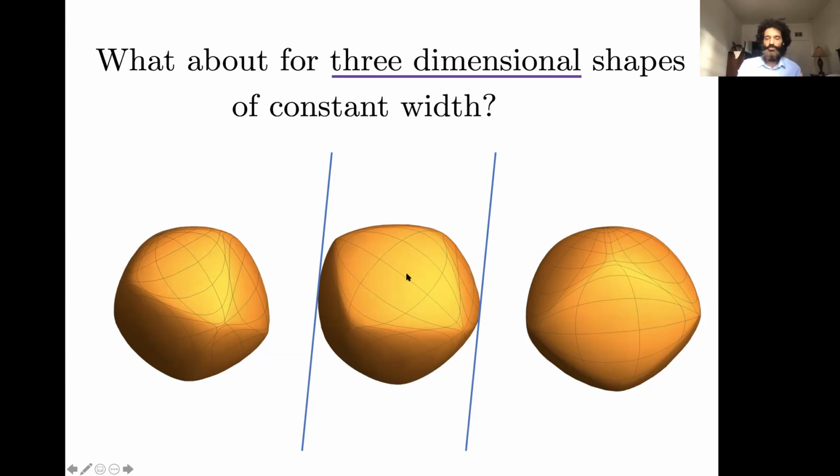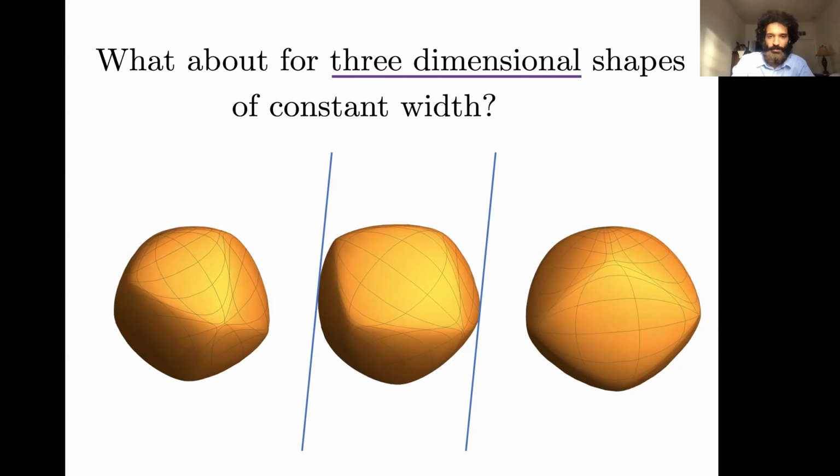I played around. You can do a similar parameterization. We essentially use polar coordinates in 2D, so you need to make some choice: spherical, polar, or some different coordinates, isothermal coordinates, or given a parameterization of the sphere, you can give a parameterization of bodies of constant width based on those coordinates.